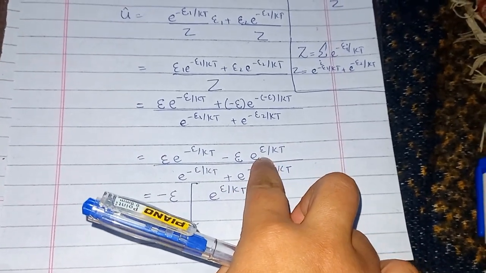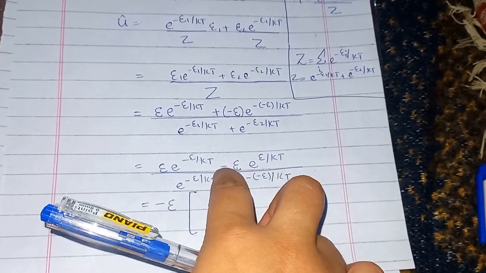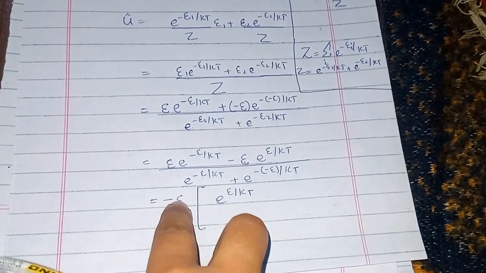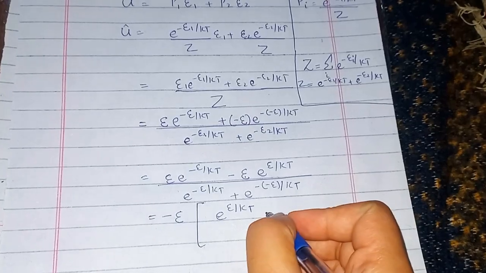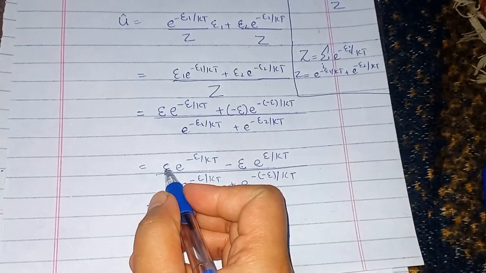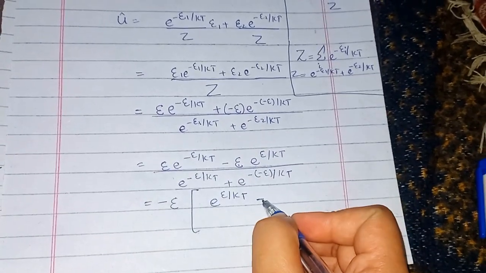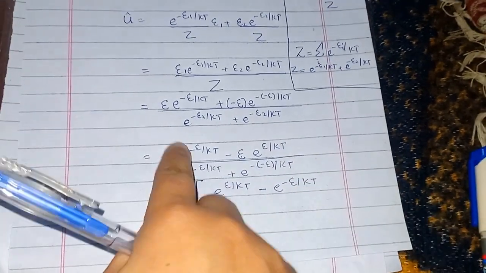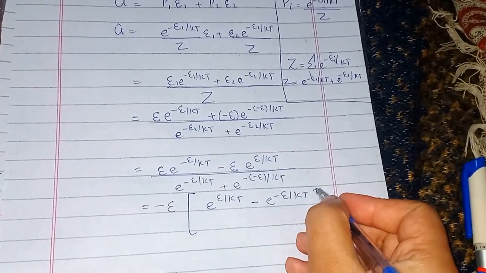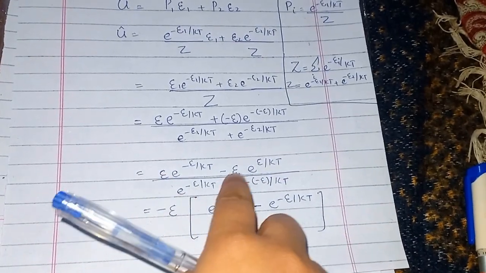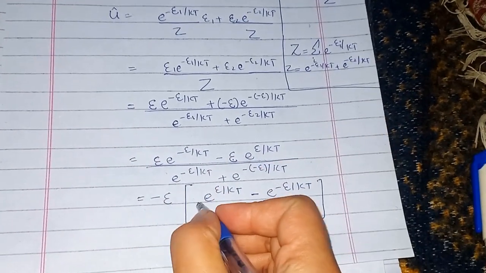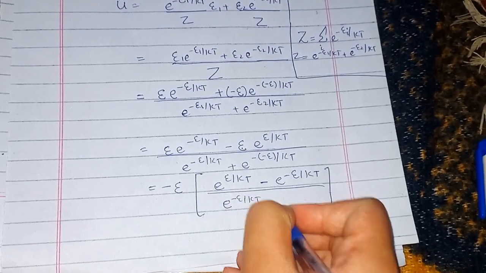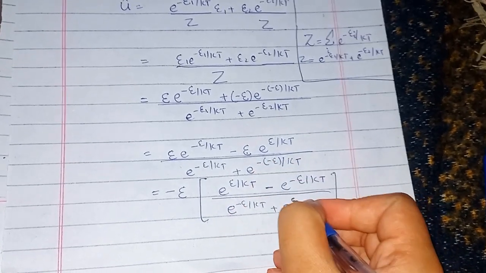I'm writing it first. This negative sign has changed into a positive sign because negative was taken common. I hope you got what I did. The positive sign will change into negative, and I'm going to write the term with negative power next. Since E was taken common, I'm not writing E with them, divided by e to the power minus E by kT plus e to the power minus minus plus, so this power becomes positive as well.